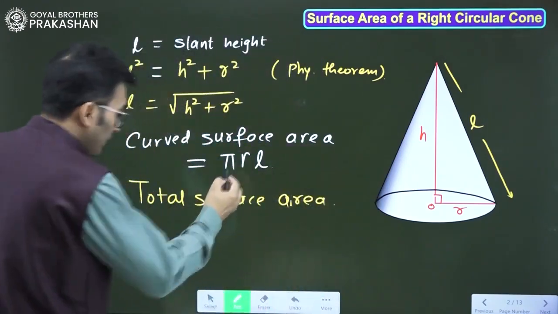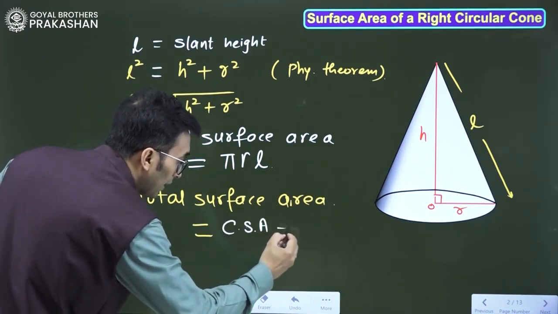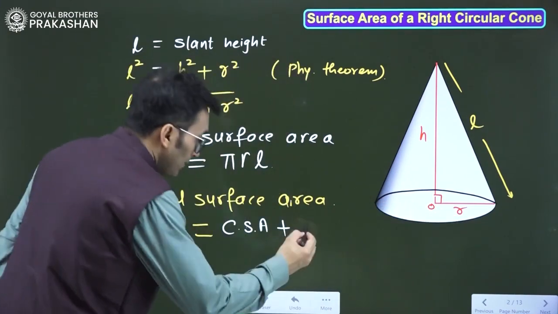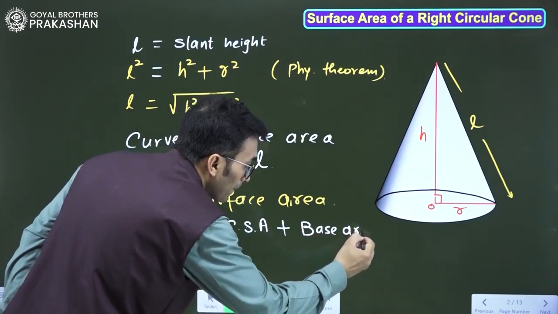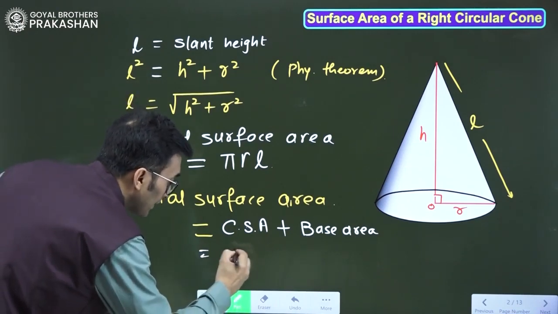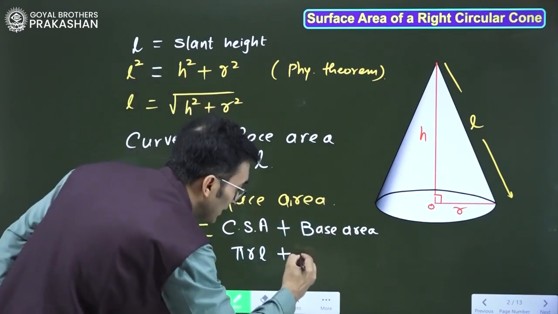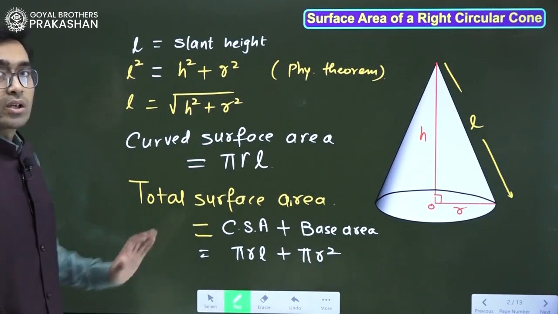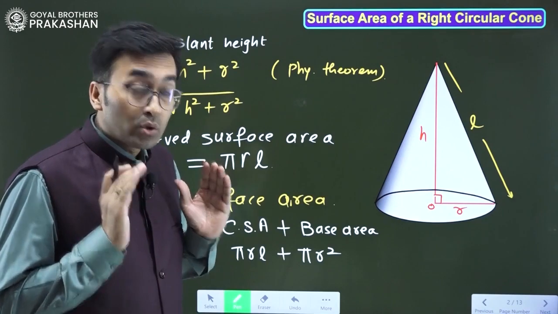So we write total surface area consists of curved surface area plus the remaining part, that is the base area. The curved surface area is pi r L, plus the base area, which is a circle, so that is pi r square. Got it? This is the total surface area of the cone.